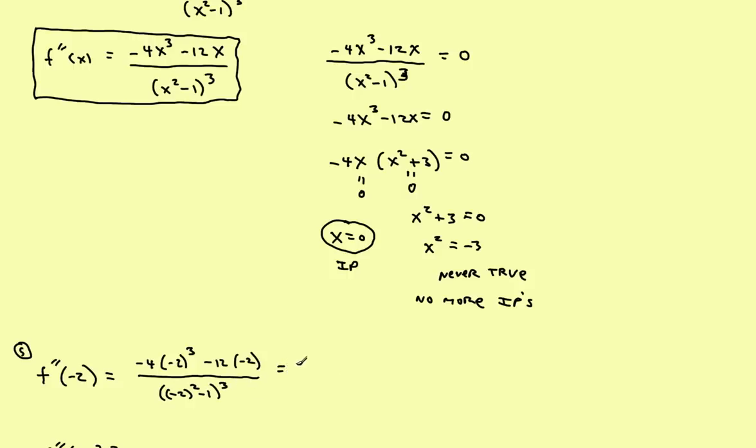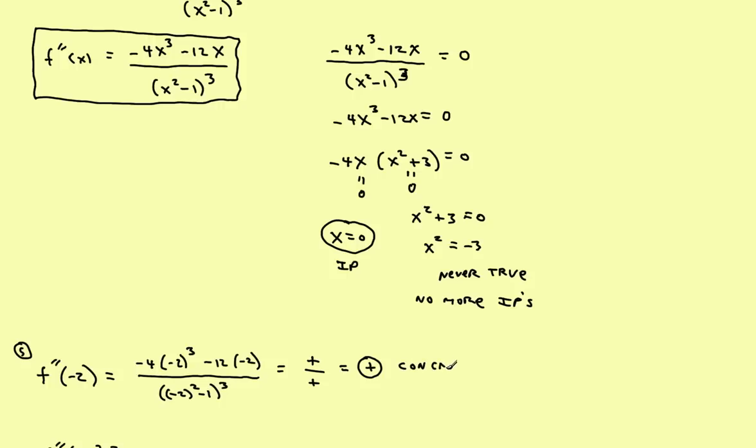Now, if you stick that on a calculator, what will happen is it'll turn out to be a positive number in the top. It will turn out to be a positive number on the bottom. So a positive divided by a positive gives you a positive. And again, you're not concerned about the actual numerical value. If you need to, just go ahead and take this, put it on a calculator, and it'll give you an answer. But that's going to be concave up.